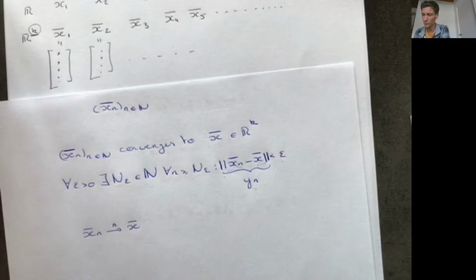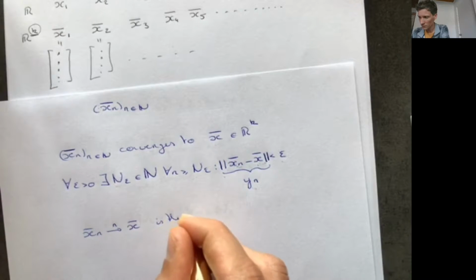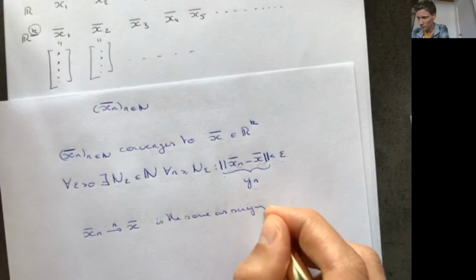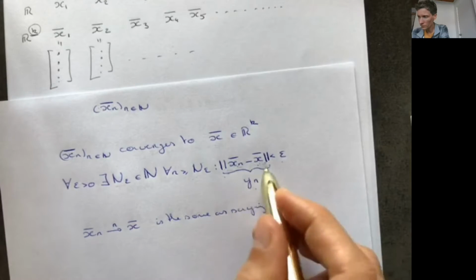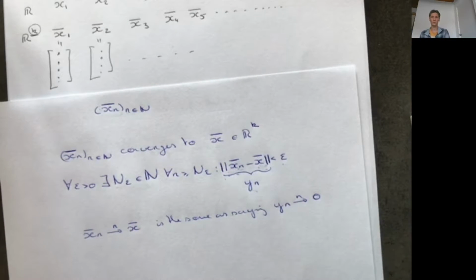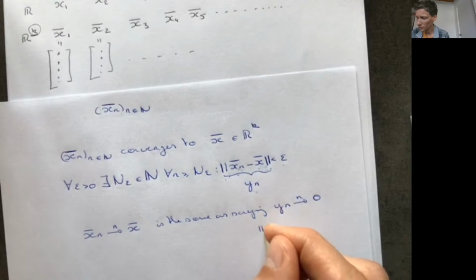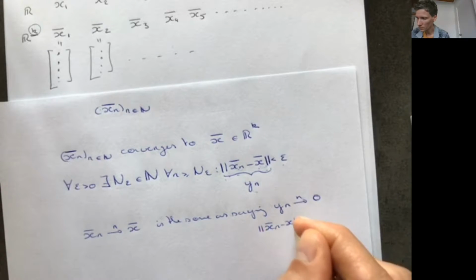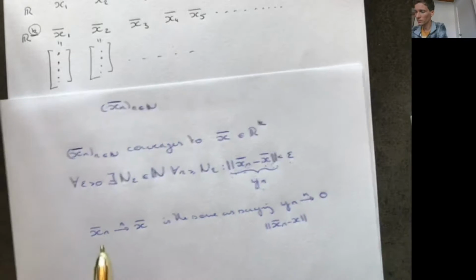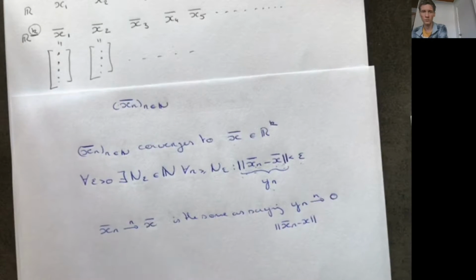This notation is the same as saying that the sequence yn of these numbers converges to 0. So everything goes back to convergence of some sequence to 0, and here the sequence is yn, which is simply the distance between xn and x. If this sequence of numbers goes to 0, then we say that the sequence of vectors converges to this vector.